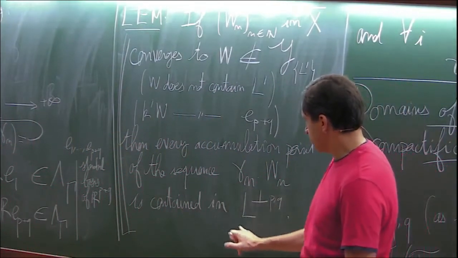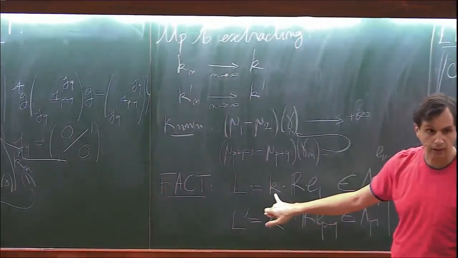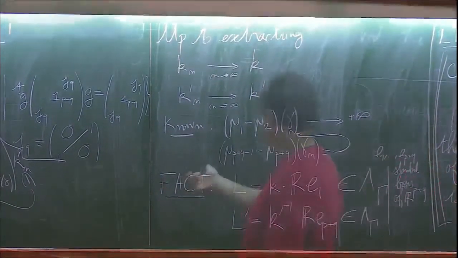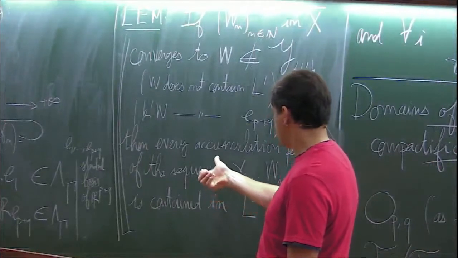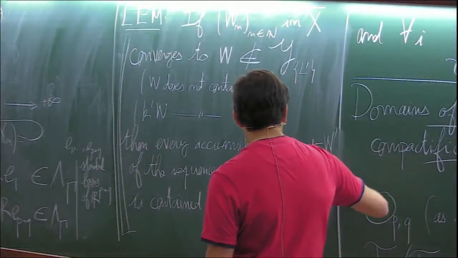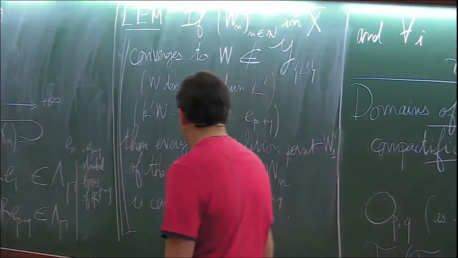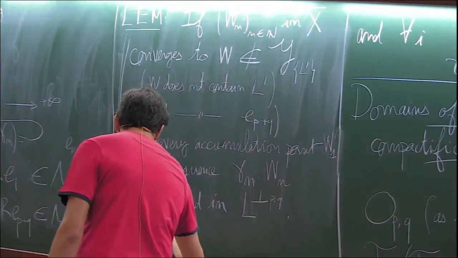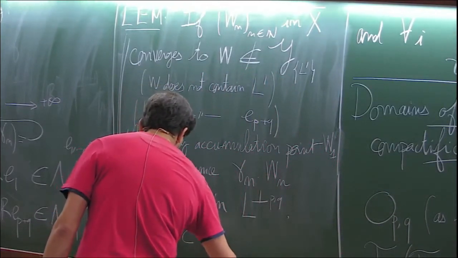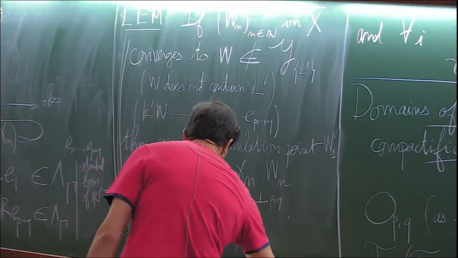So what does it mean to be contained in the line orthogonal to L? I can pull things back by multiplying by K inverse. So the image, maybe I'll call it W prime, W1, it means that K minus 1 of W1 is contained in the span of E1 up to EP plus Q minus 1.